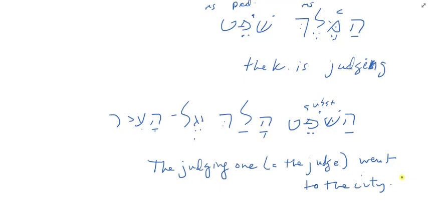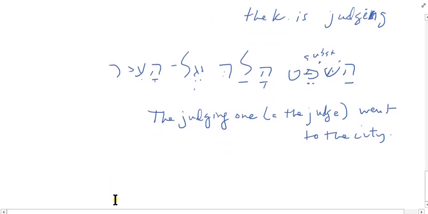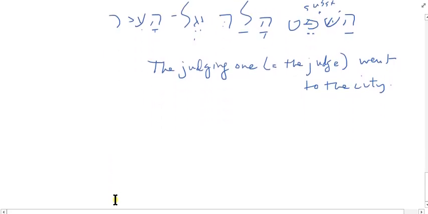Okay? You guys learned the verb shamar, didn't you? What does shamar mean? To keep or to guard. So what would ha-shomer be if it's a substantival participle? Ha-shomer.